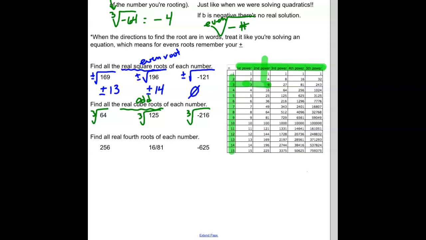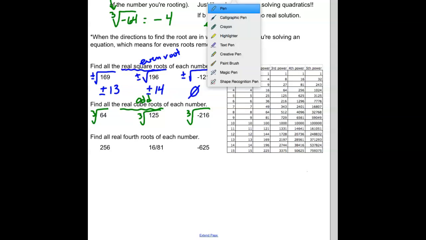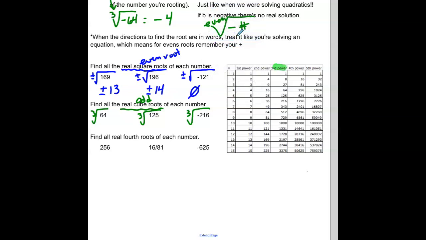Well, we can work backwards to find the roots. So for example, if I'm trying to find the cube root of these numbers, then I need to look at my third power and work backwards. So I'm looking at this third power column.